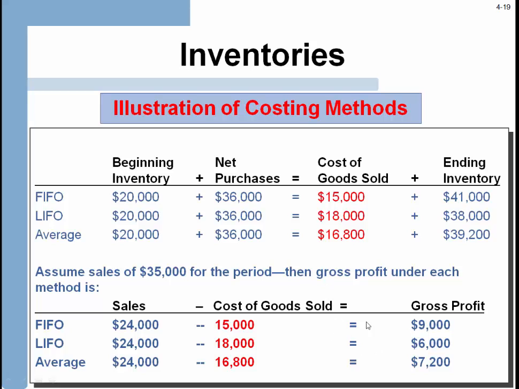And you can see the difference in gross profit for each. The gross profit for FIFO is the highest because they're selling the cheapest goods out. For LIFO, it's the lowest because they're selling the most expensive goods out. And average cost fits somewhere in the middle.